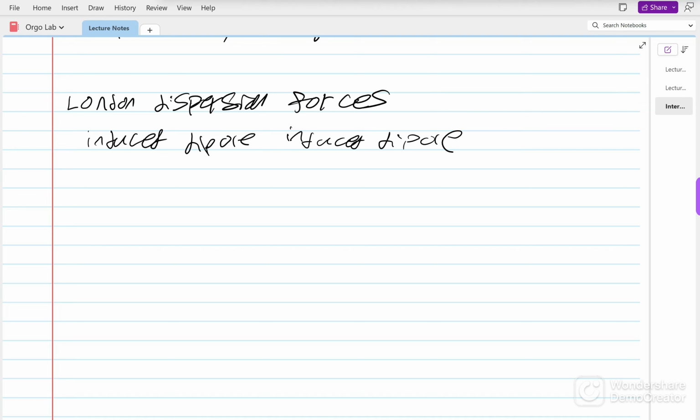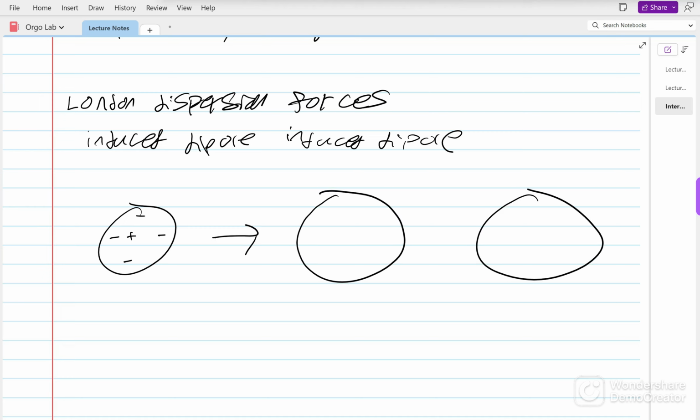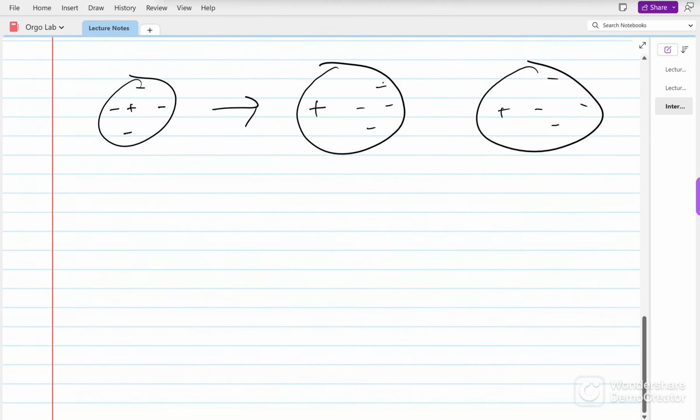We're basically going to have a symmetrical distribution, but then when it gets next to something, it's going to have an asymmetrical distribution. So let's say we start out with our atom 1 looking like this, and then when it's popped up next to another one of these guys, there's a pretty significant little induced dipole action.